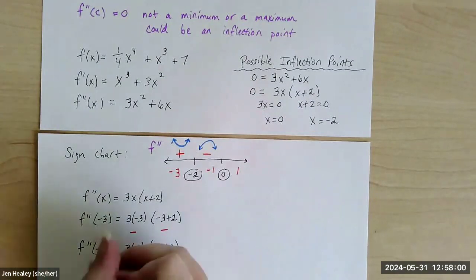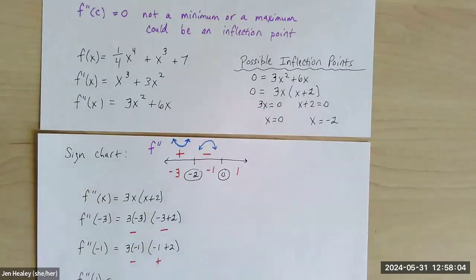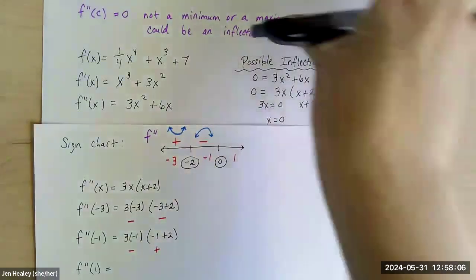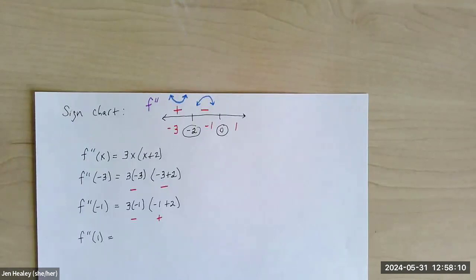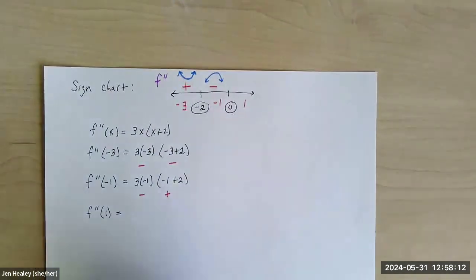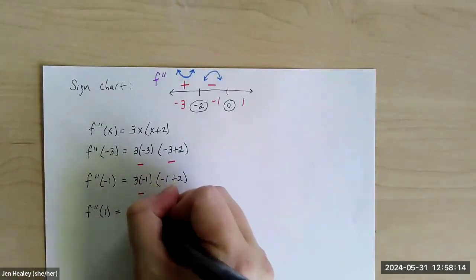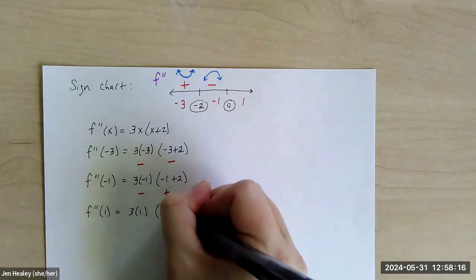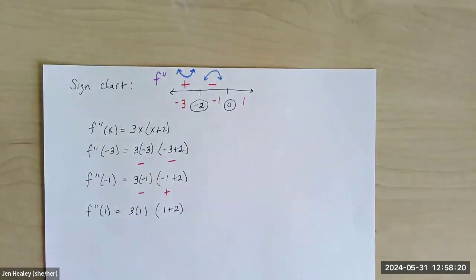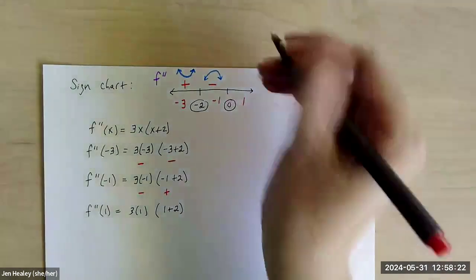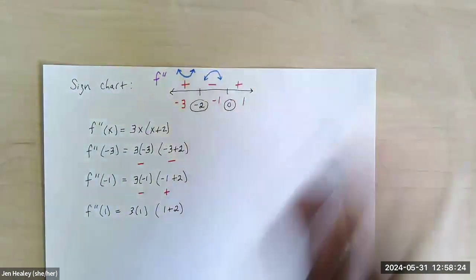And then we'll plug in 1. And so we have 3 times 1, and then 1 plus 2. Those are both going to be positive, so we have positive in that last region, which means we're concave up.